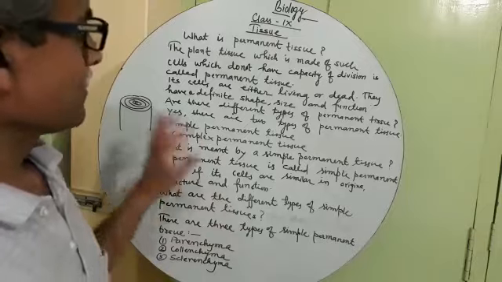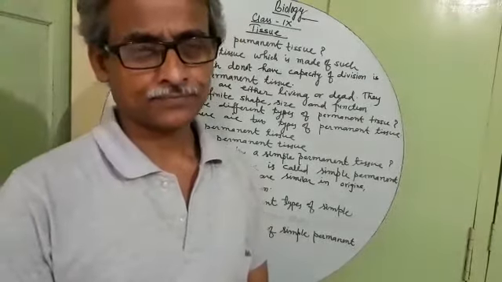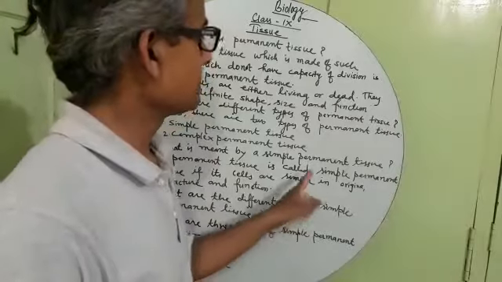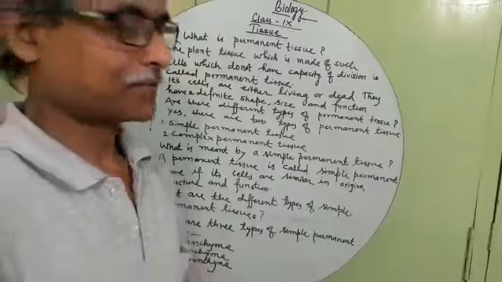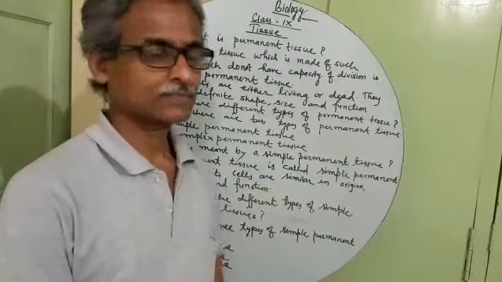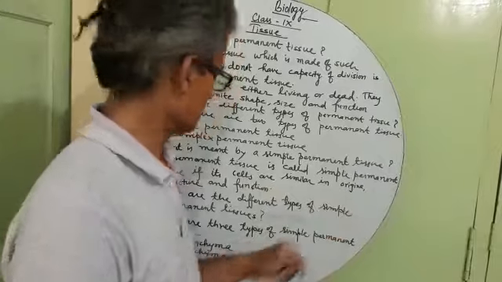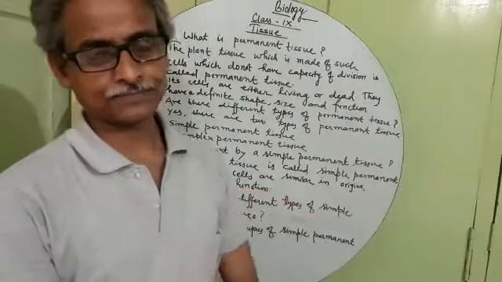So a permanent tissue is called simple permanent tissue if its cells are similar in origin, structure and function.